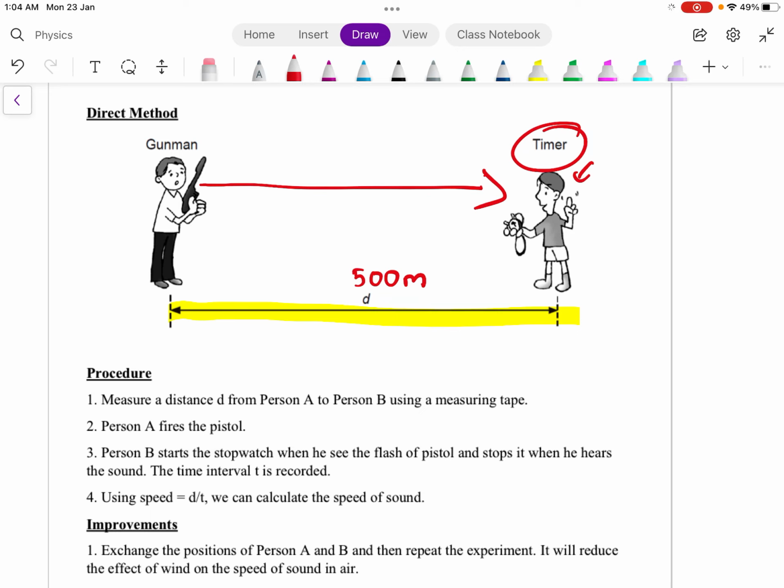So you just need to use speed equals distance divided by time. So what is the distance traveled by the sound? The distance traveled by the sound is 500 meters. So what is the time?